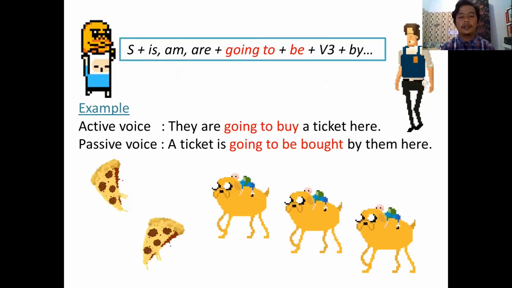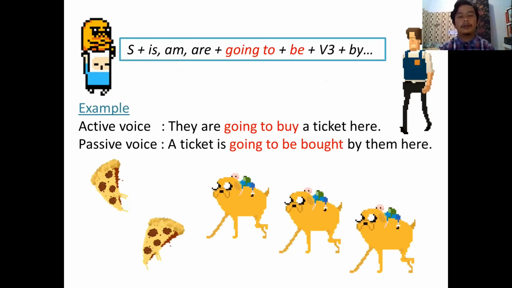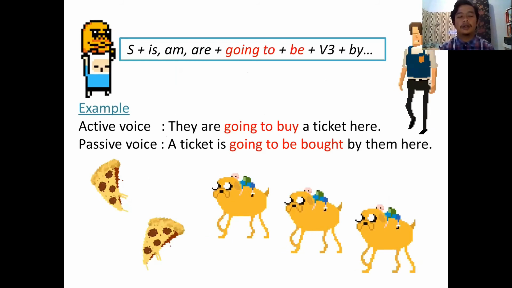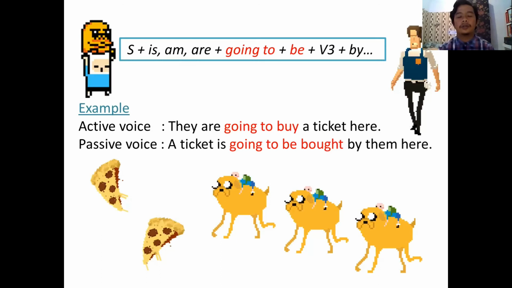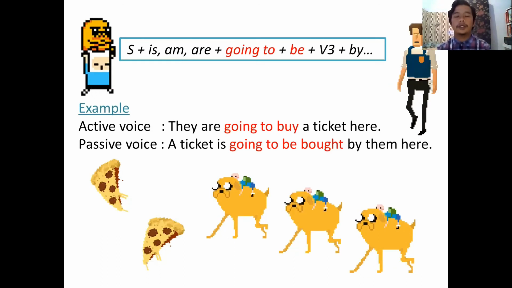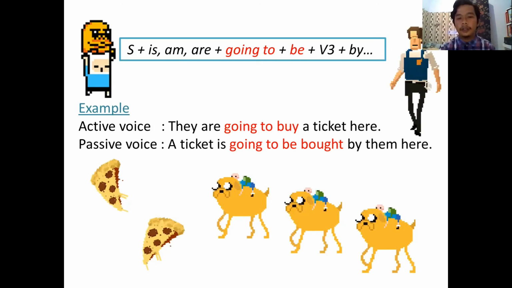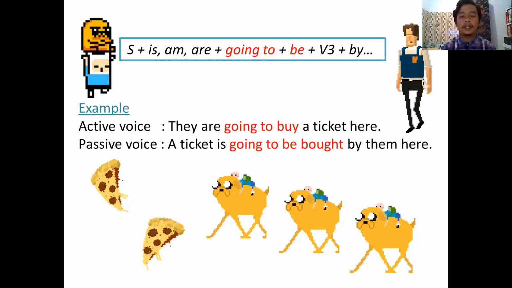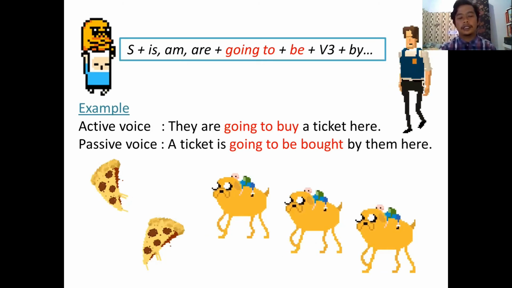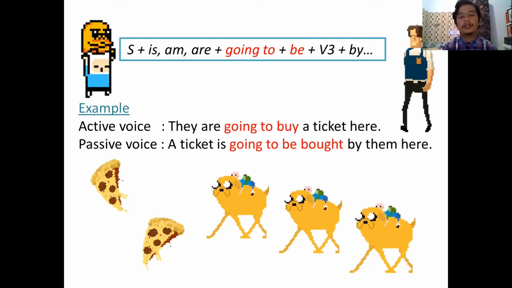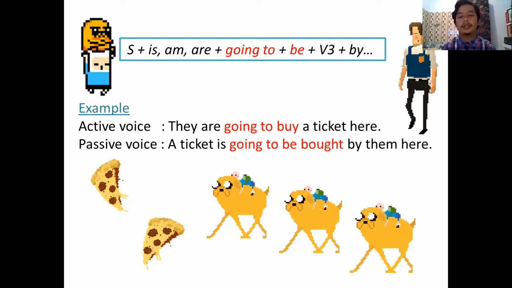Okay, next is subject plus is or are going to be plus verb 3 plus by. Example: they are going to buy a ticket here. A ticket is going to be bought by them here.